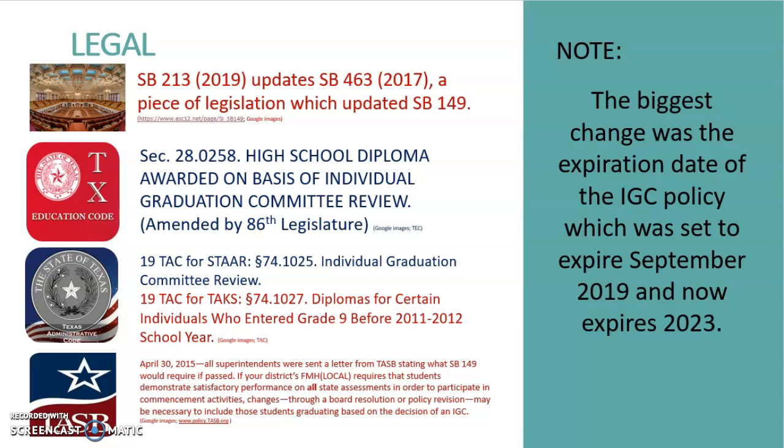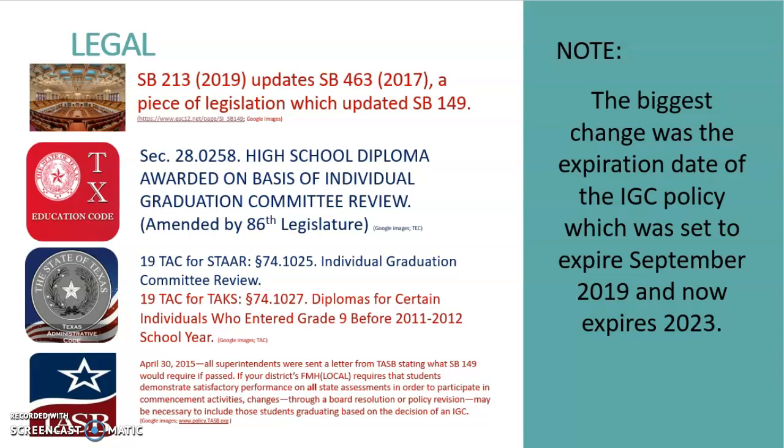The bill has been reauthorized 3 times since its birth in 2015 as SB 149, was amended in 2017 as SB 463, and finally in 2019 it was amended as SB 213.